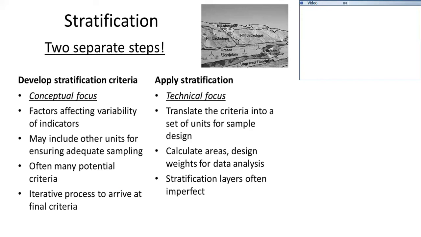So figuring out what those are, figuring out if we have to include some other layers for stratification, like maybe some administrative units, because we need to make sure that we have adequate samples in these different allotments or pastures or something like that. And we often have lots of different criteria that we can pick from, and we need to winnow that down. So this conceptual phase is very iterative. It's very dynamic. We use a lot of GIS layers and exploration and move things back and forth.